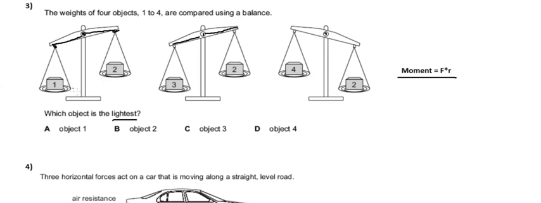In the first balance you can see weight 1 is below and weight 2 is above. So definitely weight 2 is smaller than 1. Here also weight 2 is above and weight 3 is below, therefore 2 is lighter than 3.